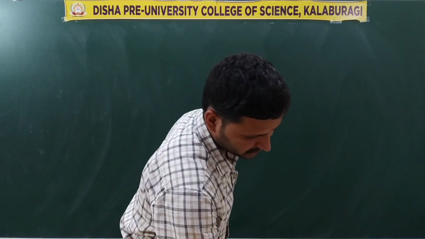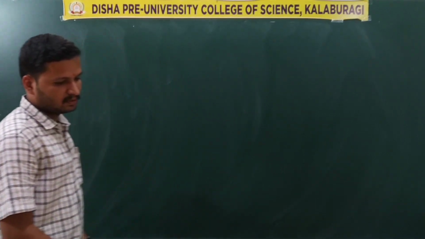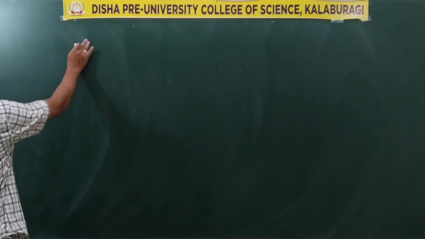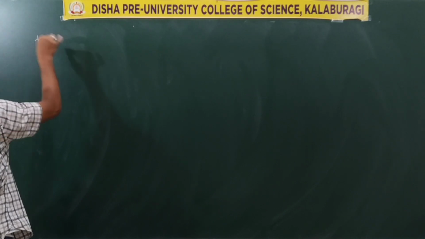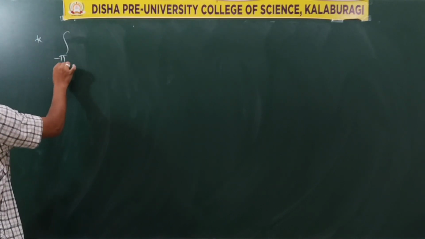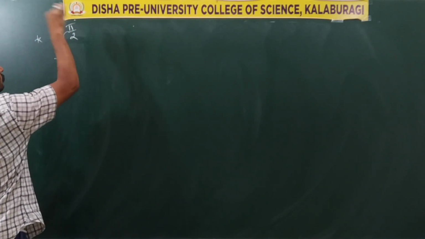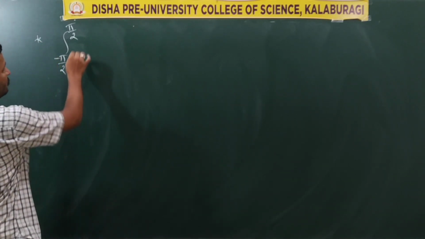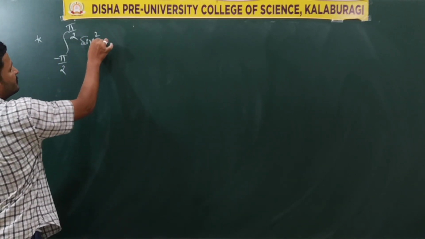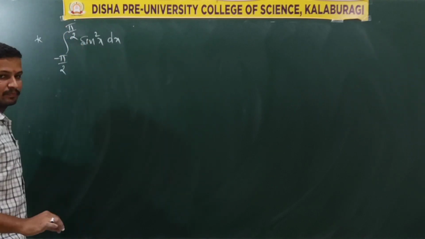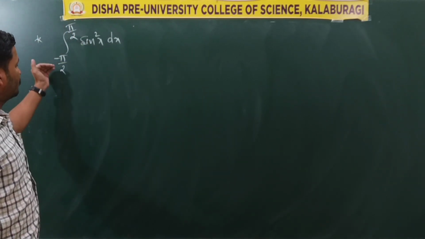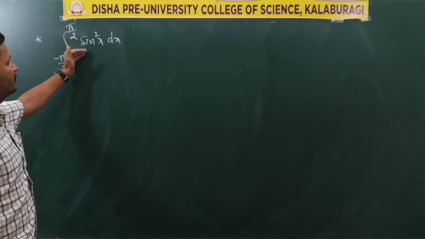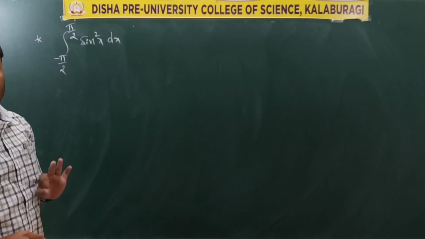Fifth one, sorry. Evaluate the integral from minus pi by 2 to pi by 2, sin square x into dx. Okay, so evaluate the integral from minus 90 degree to plus 90 degree, sin square x into dx.